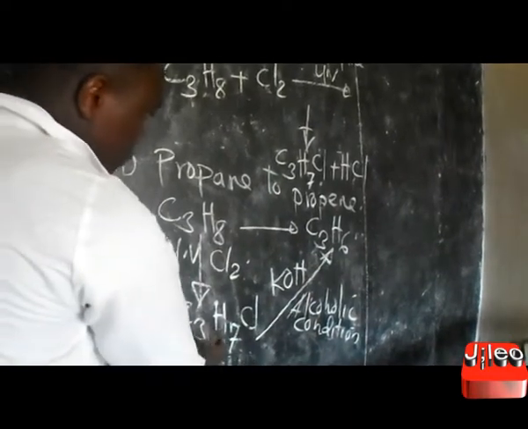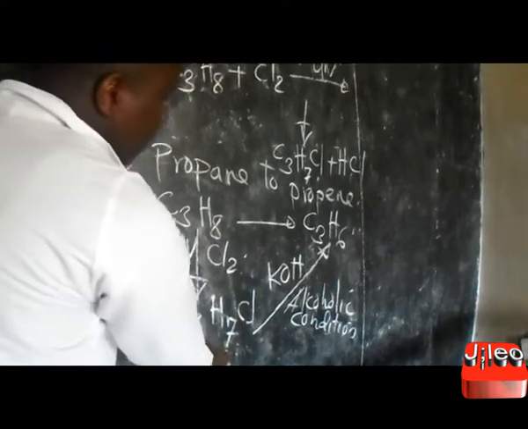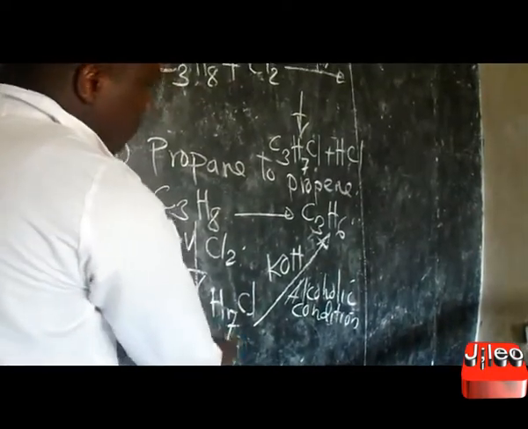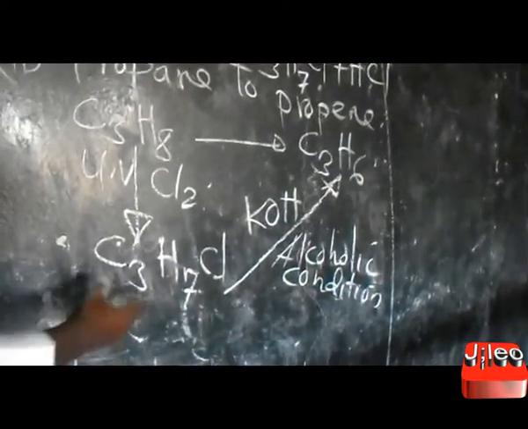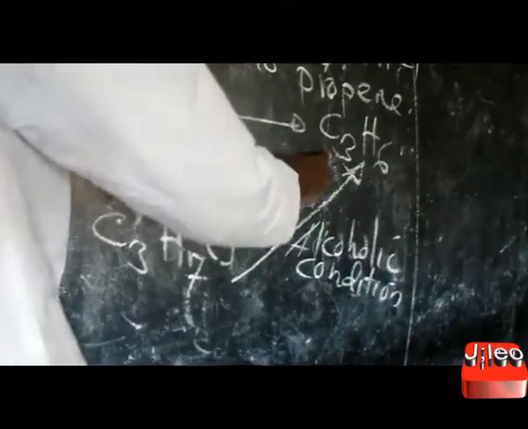Then a single hydrogen will be removed here, and we remain with 6 hydrogen. The hydrogen removed here reacts with OH to form water. So now we shall have an alkene. Our alkene is this one, which is what we call propene.